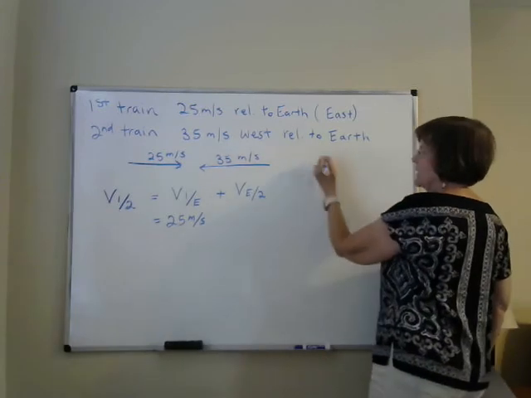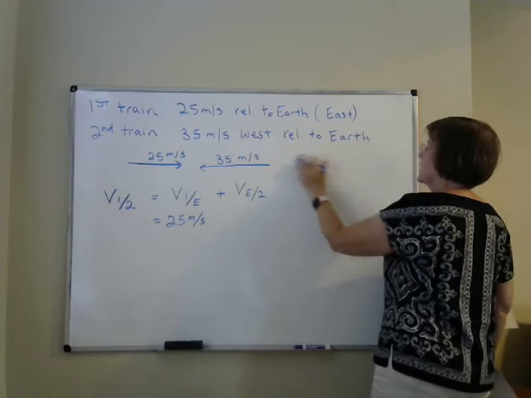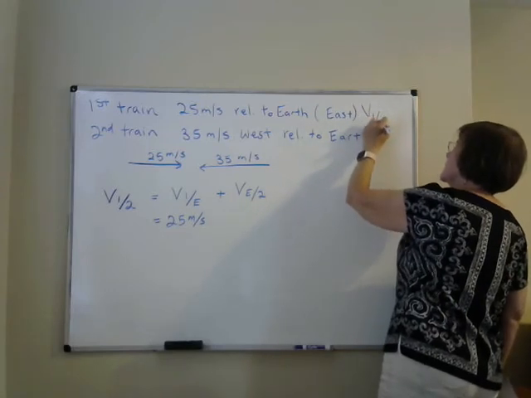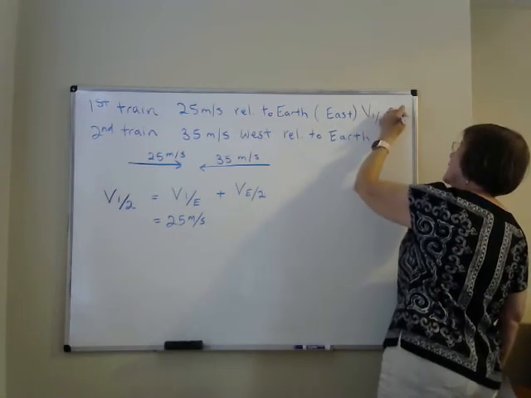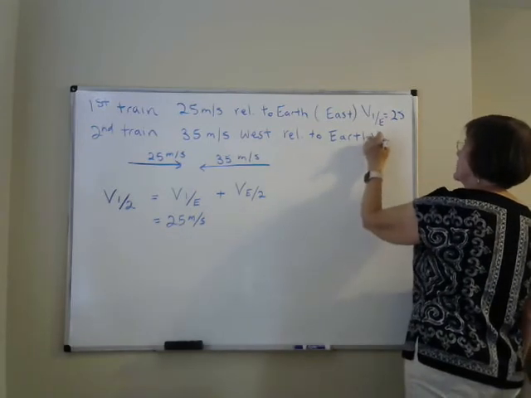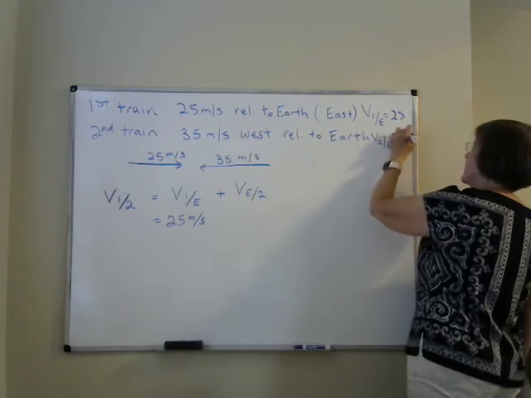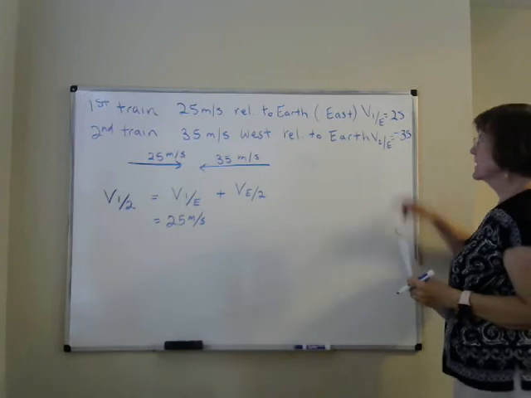So let's write all these down. Train 1 relative to the earth is 25. Train 2 relative to the earth is negative 35. And that just indicates direction.